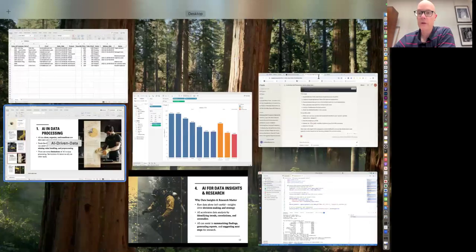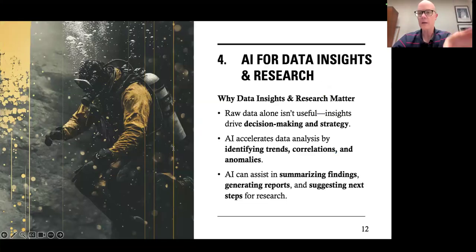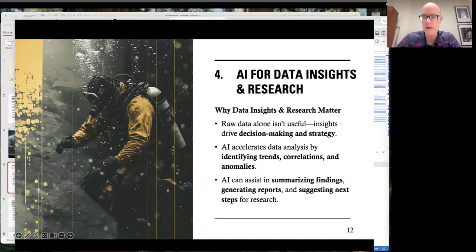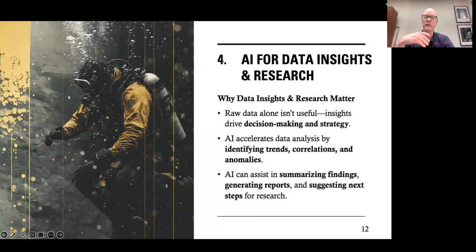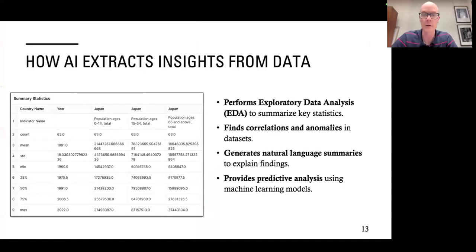So, AI for data insights and research. Now, this is interesting. This actually applies more to the students I work with on a day-to-day basis. Our students are mostly dealing with economics and politics and history, stuff like that. So AI can help us with doing your core analysis here.